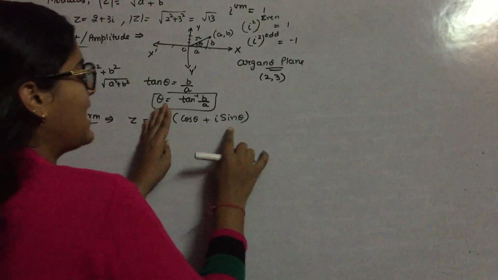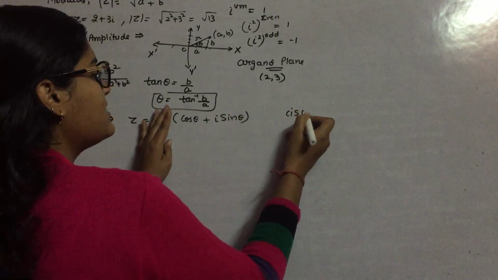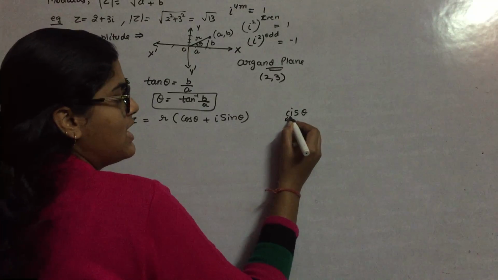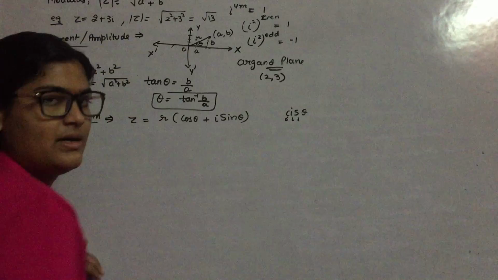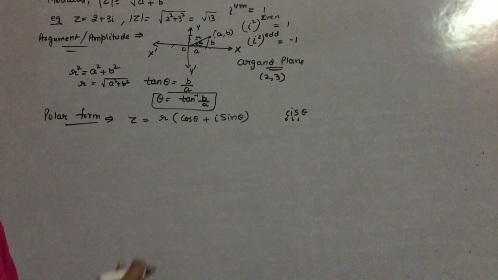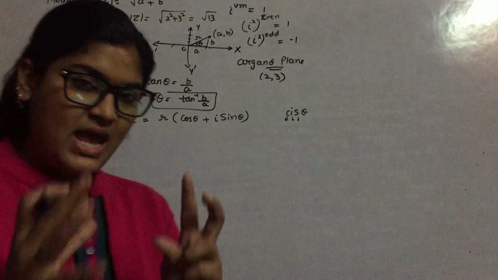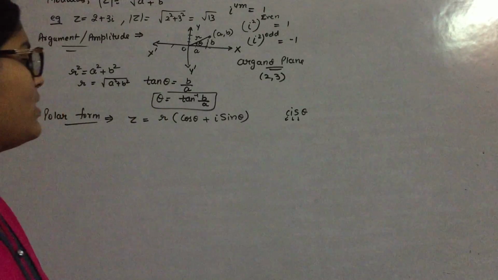This cos theta plus iota sine theta can also be written as cis theta, C for cos, plus iota sine theta, in short form.